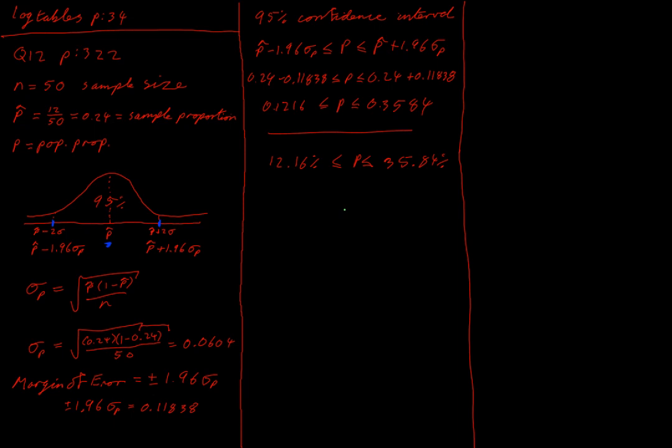That's what our 95% confidence interval gives us. We are 95% confident that somewhere between 12 and 36% of our boxes contain at least one rotten tomato.